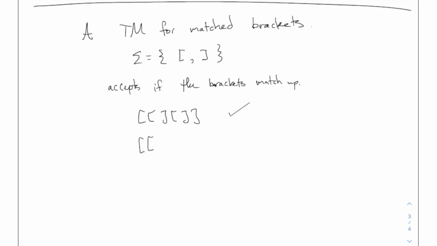Whereas this is rejected, because there isn't even the correct number of left and right brackets, but also something like this is rejected. That one has the correct number of them, but they're not arranged properly because I see a bracket on the right which has no match on the left. That's what I want: a Turing machine which reads a string of brackets in some arrangement and accepts if the brackets are properly balanced and rejects if they're not.